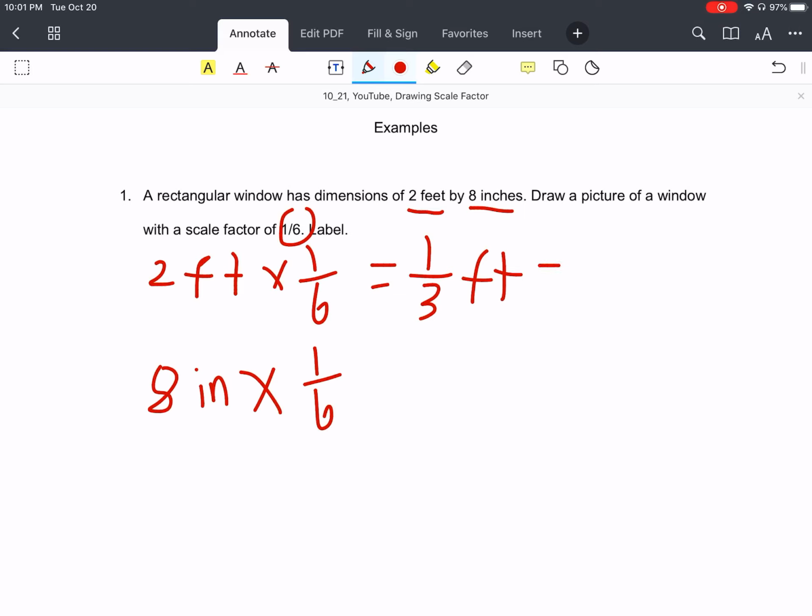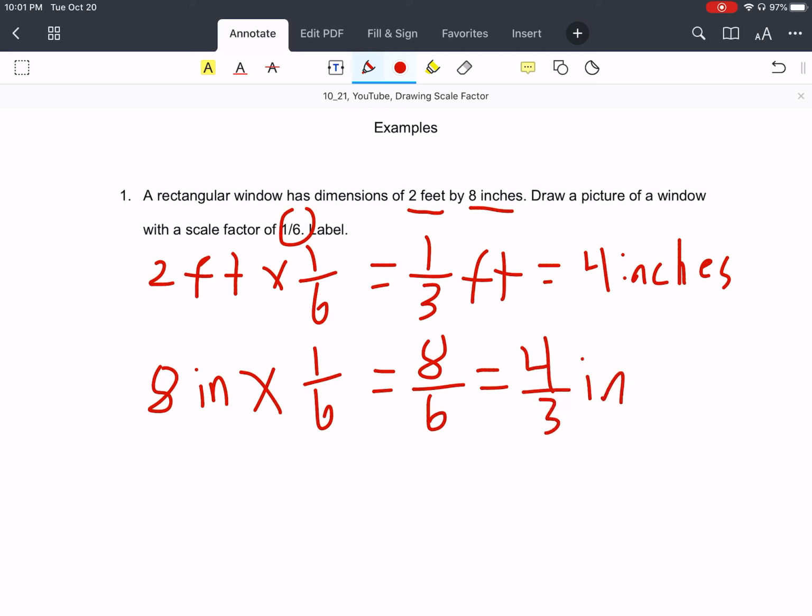And we know that is the same as 4 inches. And 8 inches times 1/6. That gives us 8/6, or 4/3 of an inch. And that's the same as 1 1/3.